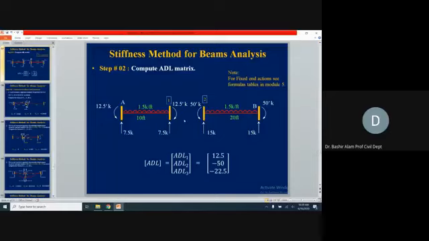Corresponding to D3, which was the settlement at this location, we have this 7.5 and 15 reactions in the upward direction. Our settlement, where D3 was in the downward direction, means these actions are in the opposite direction. So we have minus 7.5 and minus 15, which is minus 22.5. So we complete this minus 22.5. Remember, your ADL matrix is coming from here, and your AML matrix again will be coming from this sketch.